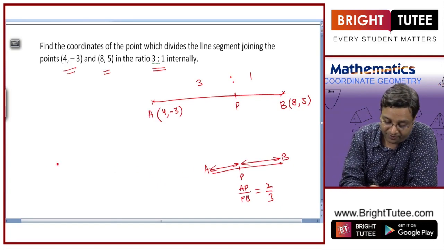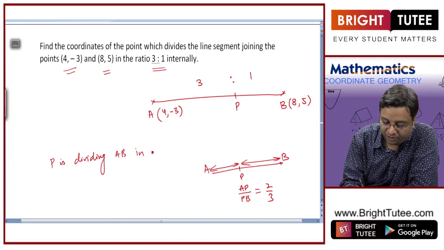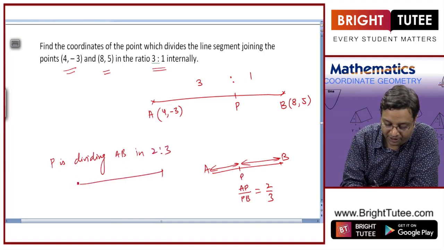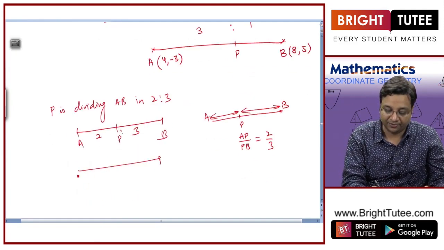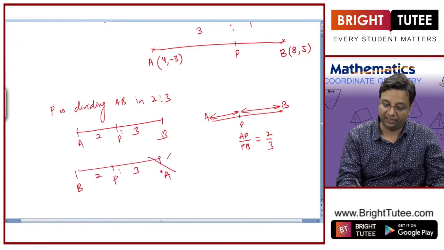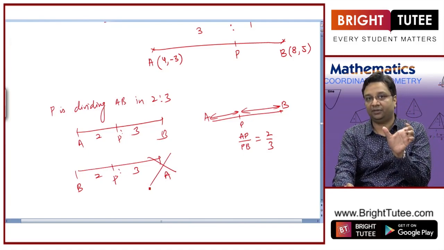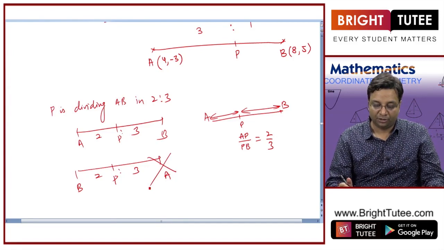If I have mentioned that P is dividing AB in 2:3, it will always mean that P is here, so it is dividing in 2:3. It cannot mean like this, with B, A and P, that you take 2 and 3 here. You cannot take it like this.